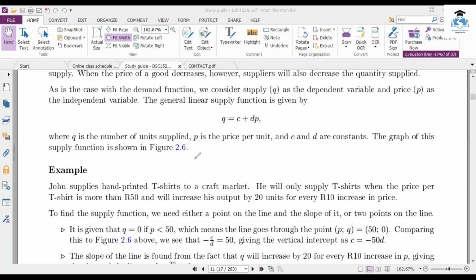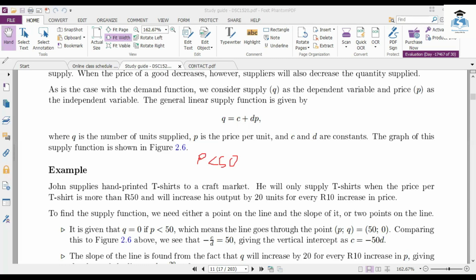So in other words, when the price is less than 50, he is not going to supply, right? But when the price is greater than 50, that's when he will increase his output by 20 units for every 10 rand.